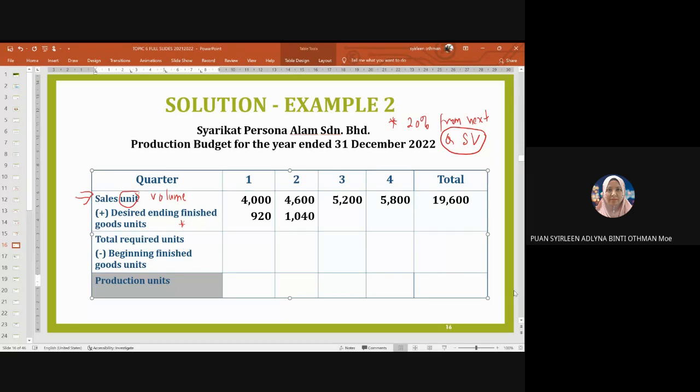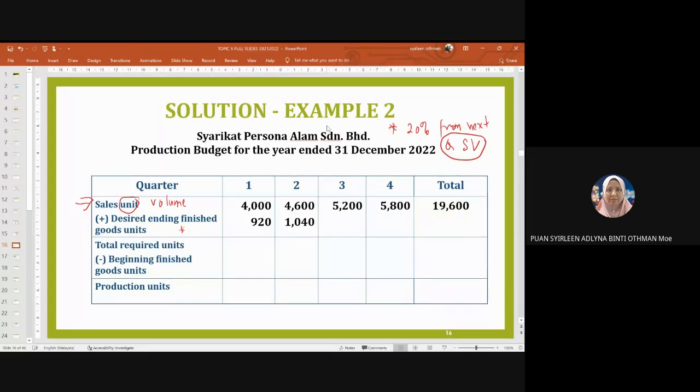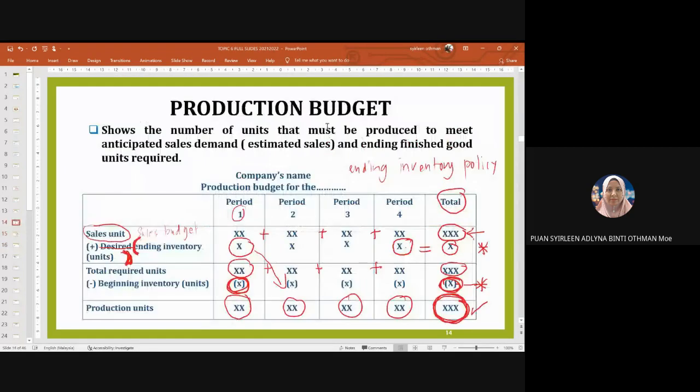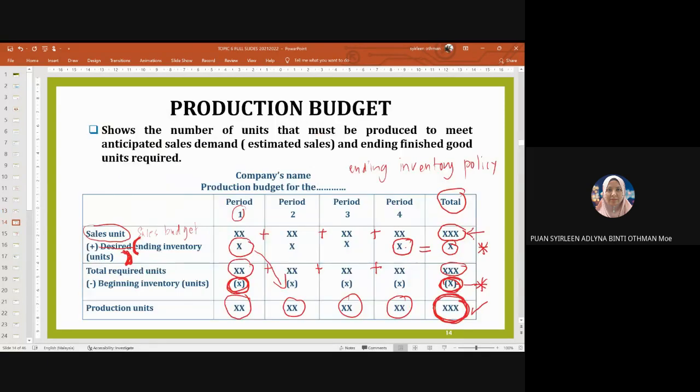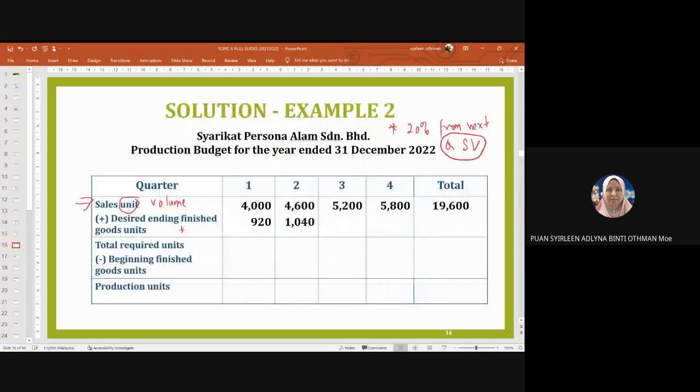You need to be very careful. Dalam sales budget tadi, yang satu dekat atas ni is unit, di bawah ni yang RM. So you need to be very careful sebab jumlah tu nanti boleh buatkan awak bagi jawapan yang salah. Okay, so now I dah ada untuk quarter 2.